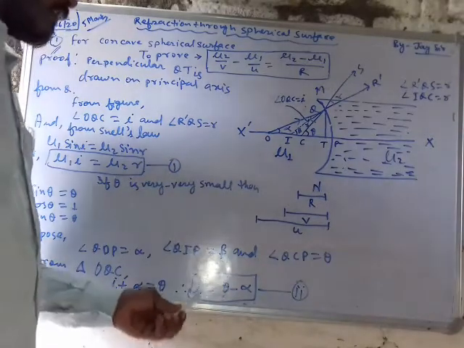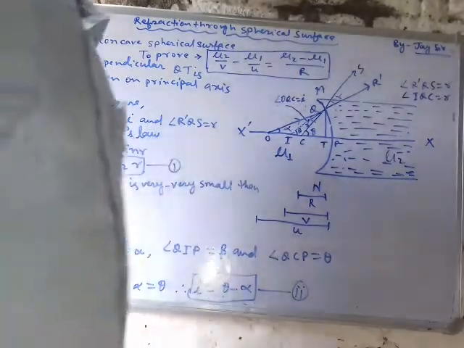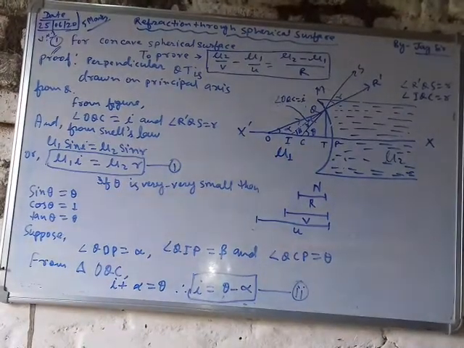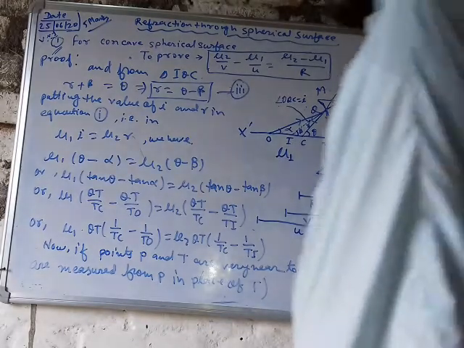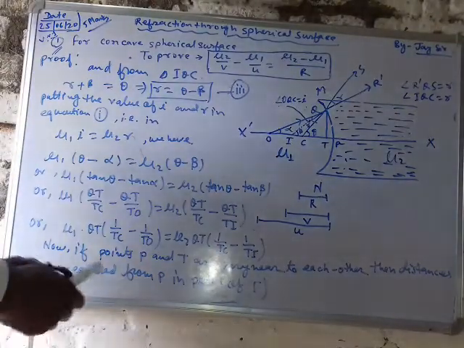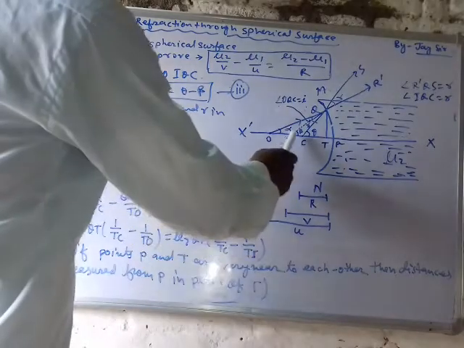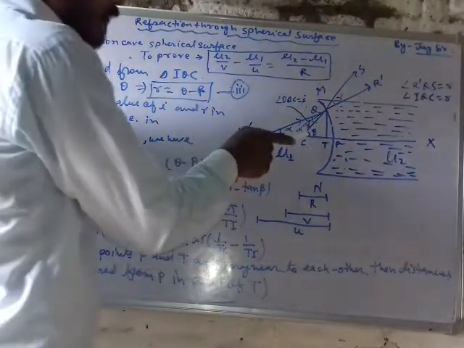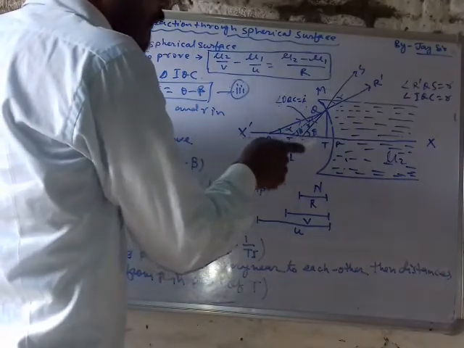And now further we discuss more about this proof. Further, in triangle IQC, this is the produced part of side IC.